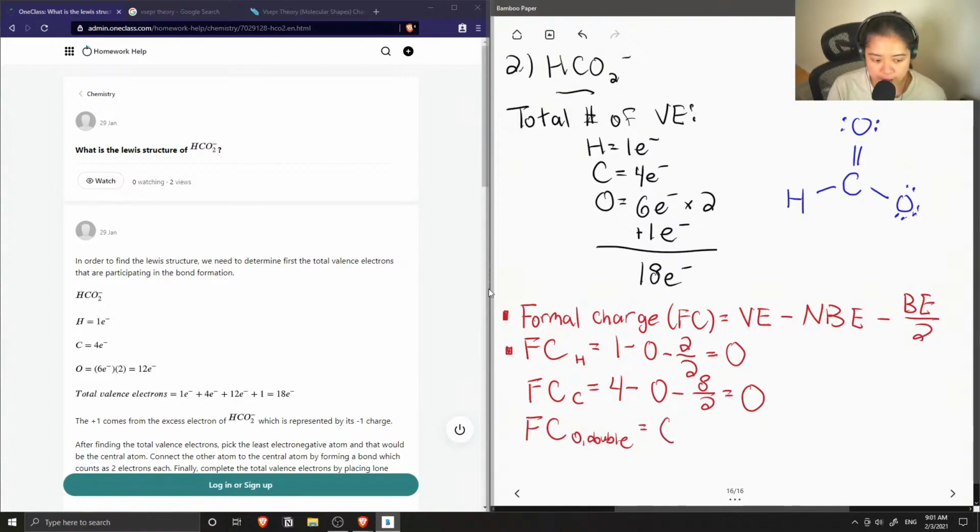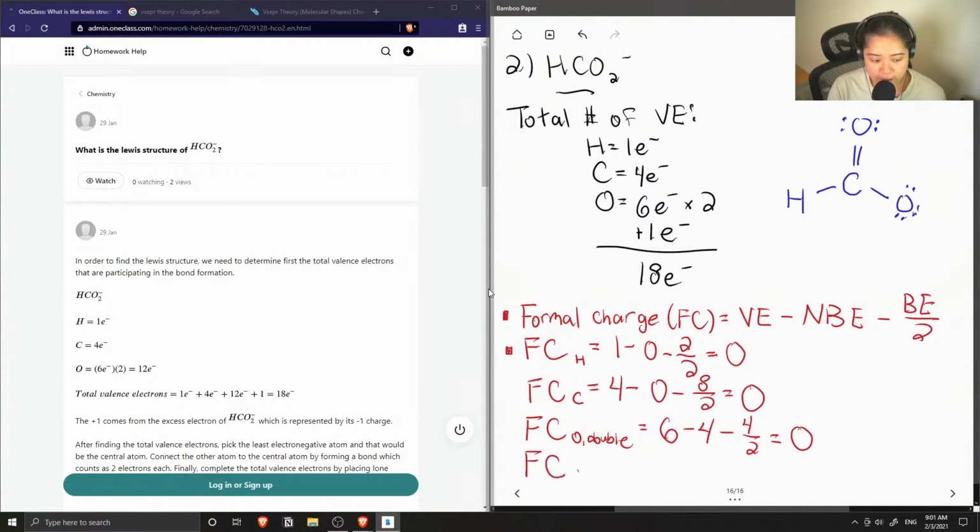Oxygen has 6 valence electrons, and there are 4 non-bonding electrons in the form of lone pairs. And since it's a double bond, we have 4 bonding electrons divided by 2. So the double bonded oxygen also has a formal charge of 0.